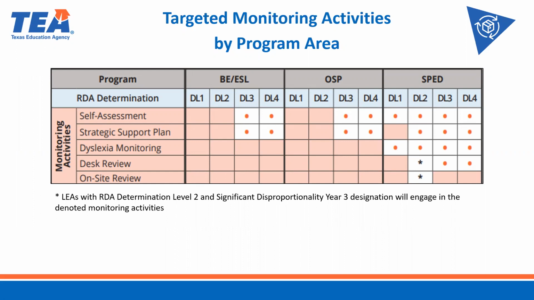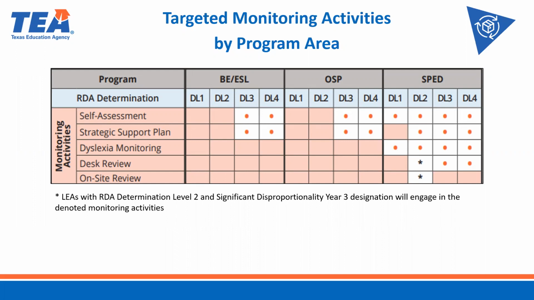Self-assessment requirements for bilingual education, English as a second language, emerging bilingual, or BE, ESL, EB, and other special populations, or OSP, are determined based upon performance data in the RDA framework.